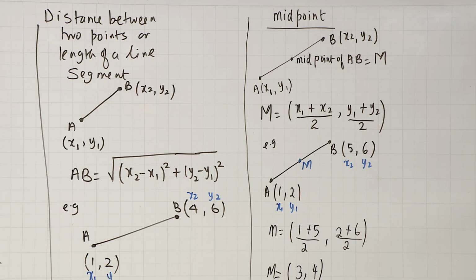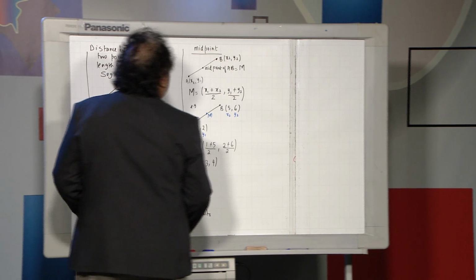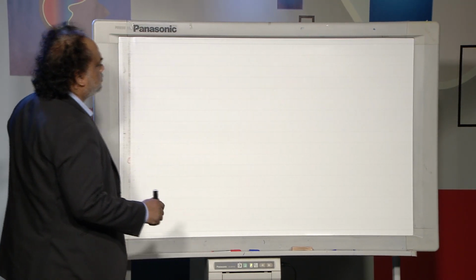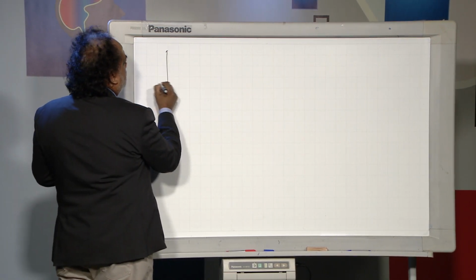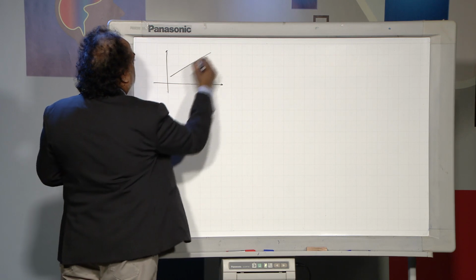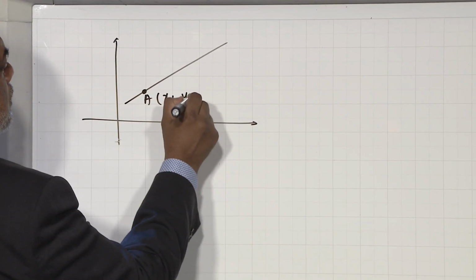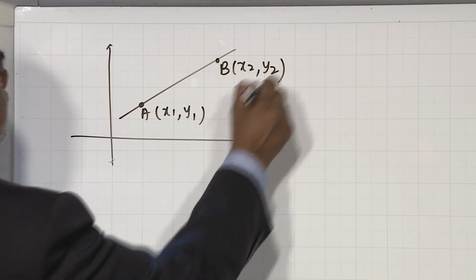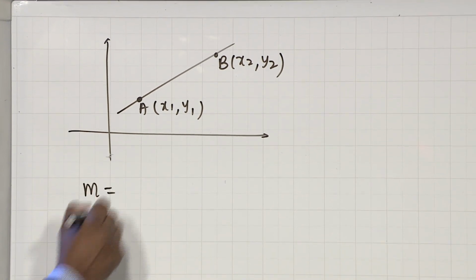So, if we summarize what we have studied today, if we have 2 points A and B, then first we can find the gradient of the line.